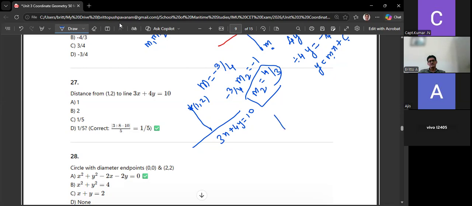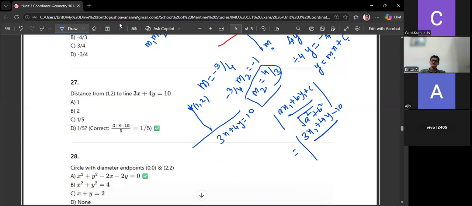We know the formula: absolute value of ax1 plus by1 plus c divided by square root of a square plus b square. So here it is 3x1 plus 4y1 minus 10 divided by square root of 3 square plus 4 square. Now you know the values: x1 is 1, y1 is 2.